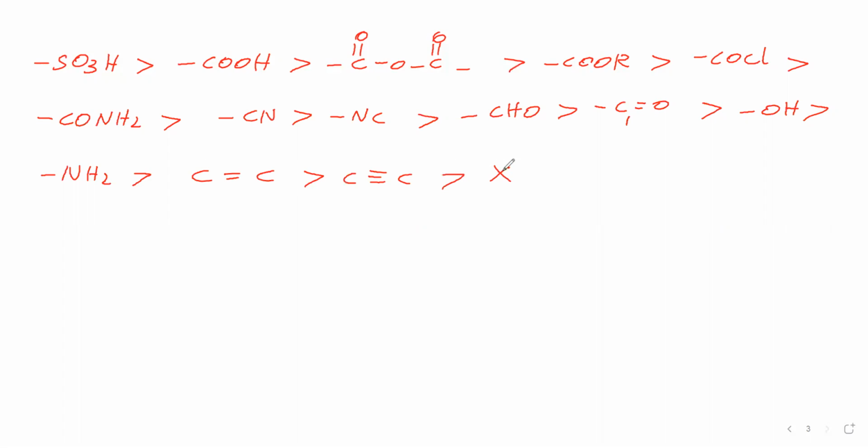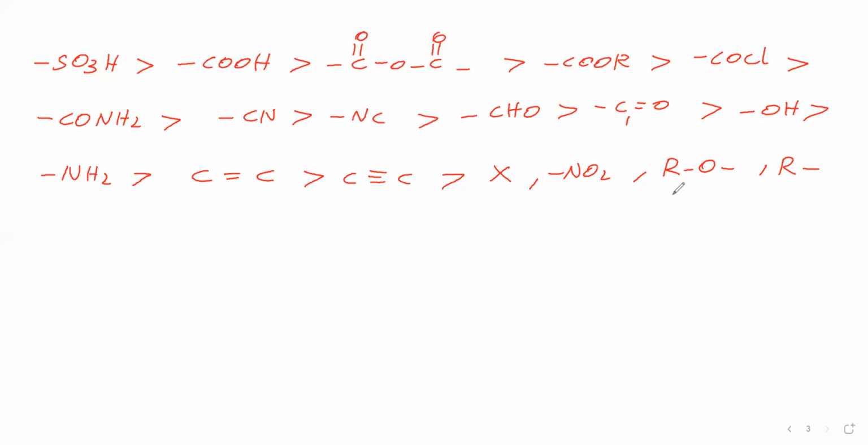Halogen means chlorine, bromine, iodine. Greater than nitro, greater than alkoxy, and here greater than will not come, only equal will come, alkyl. Now halo, nitro, alkoxy, that means ether, and alkyl come under the same, equal priority.